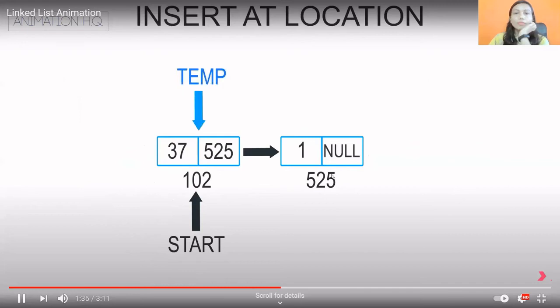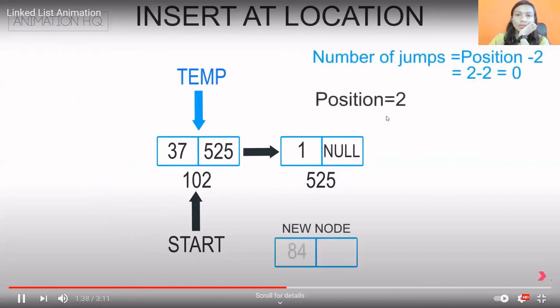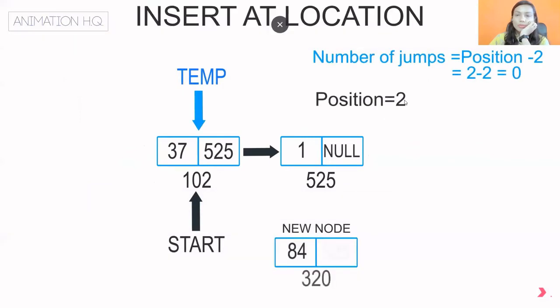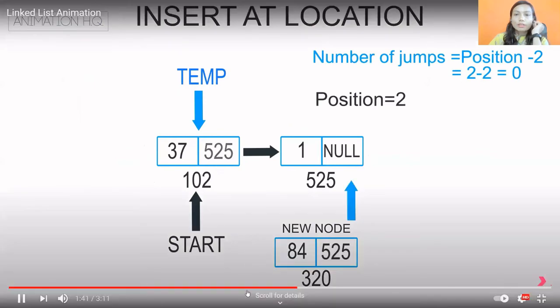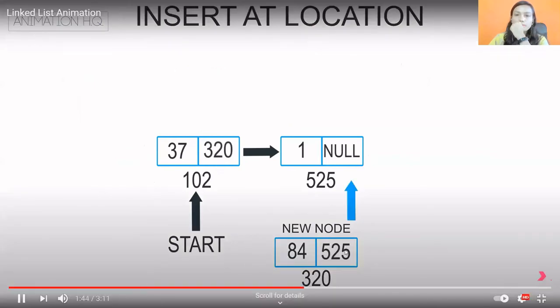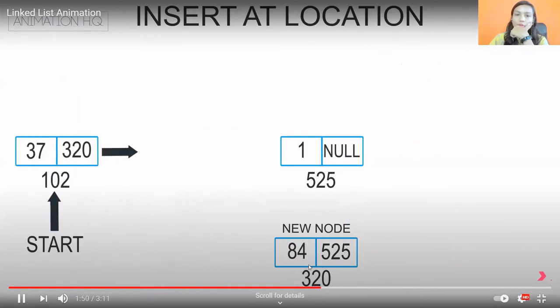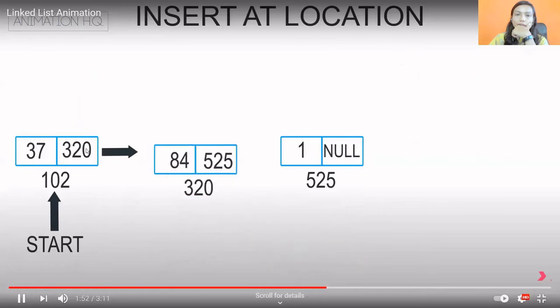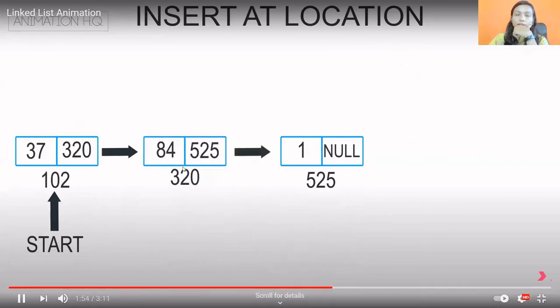Okay. See now what we have done in the position 2. So what we are doing, see, we are adding here at the position 2 this node. So what will be the address now here? It will be 320. Okay.